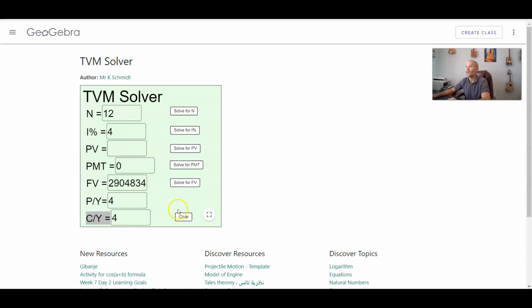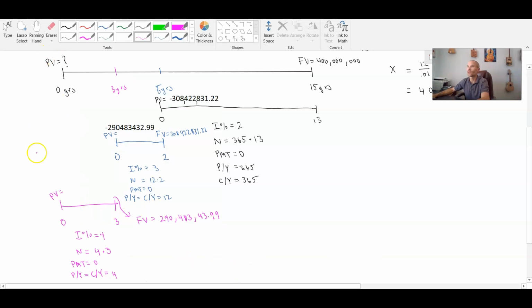All right, here we have our inputs. We'll solve for present value. That tells me that at the original time 0, we need $257,789,297.56. That's the amount that we need to invest today.